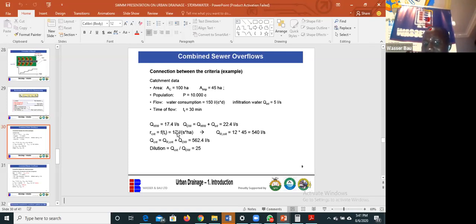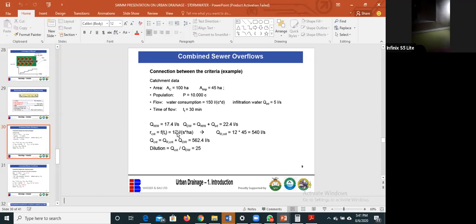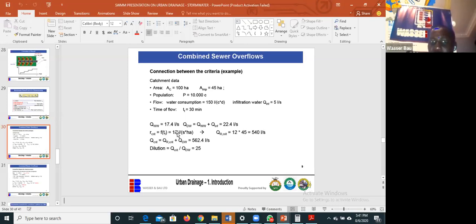They didn't give us the rainfall intensity in millimeters per hour, but converted it into an area function, telling us it is 12 liters per second per hectare. For every hectare, 12 liters of water is falling there. It's very small, I must say. In Abuja, it will be up to 50 per hectare. So by the time you multiply by 45, this catchment will be contributing up to 1,000 liters of water per second.